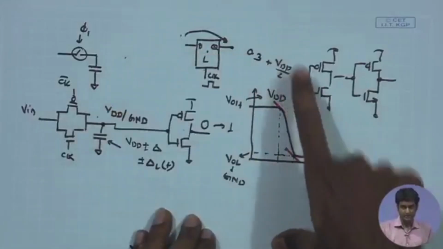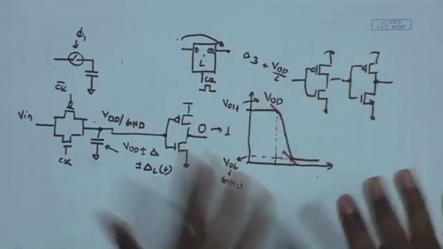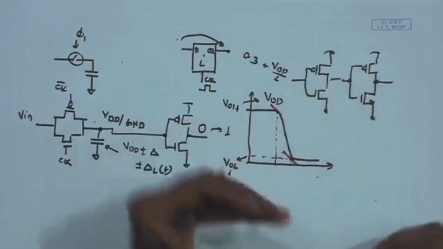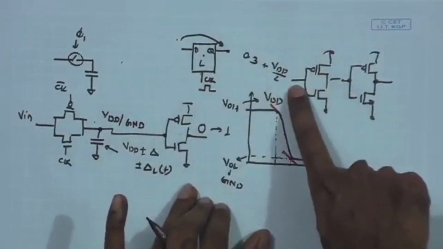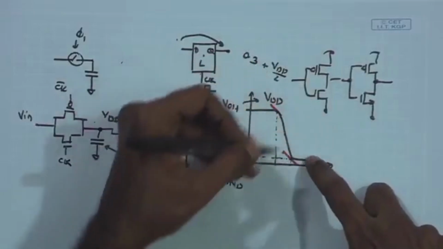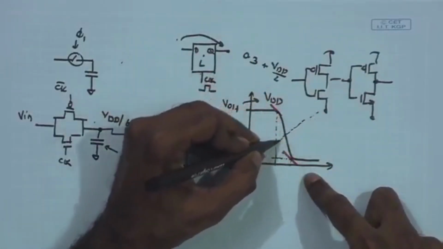So, slightly higher than VDD by 2, and assume that the trip point of this inverter is close to VDD by 2. We have seen how the trip point depends upon device characteristics, but assume that the inverter is sized such that the trip point, that is a point at which V out equals V in, is defined as the trip point, if you remember.